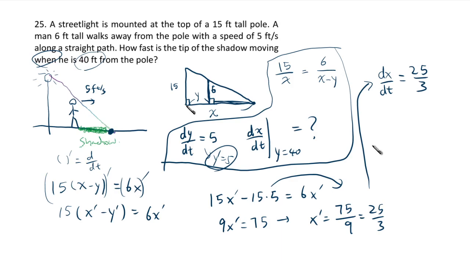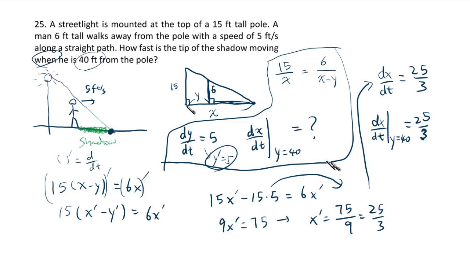Now, usually what happens is this will be a function of x or y or t or whatever, and you have to get this next information involved, that y is equal to 40. So you have to plug in y equals 40. But it turns out, since this dx dt is a constant function, even if you plug in y equals 40, it will still be 25 over 3. It just happened that way.